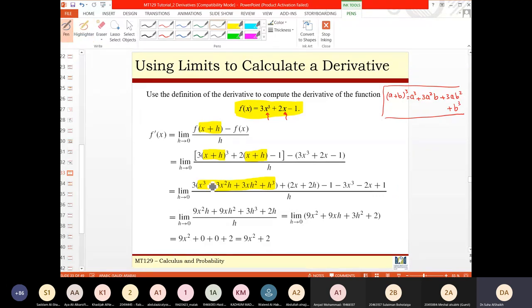I have a 3x cubed and here I have minus 3x cubed. Okay, good. And we have the 2x and the minus 2x as well, they are canceling. I have the plus 1, I have the minus 1.